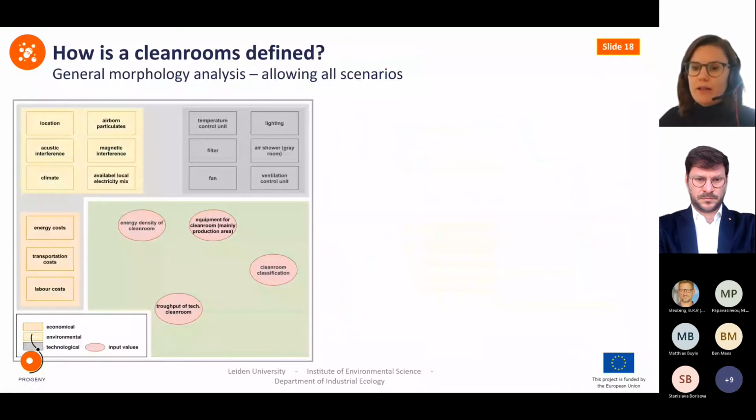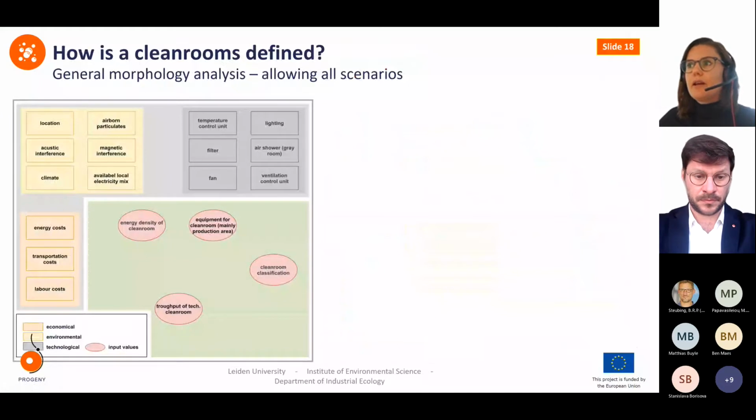For integrating a clean room in life cycle assessment, we of course need the clean room classification. Is it ISO 1 or is it ISO 5? Then we need the equipment, which is basically the area needed to assemble the device, so how much area of a clean room is needed.